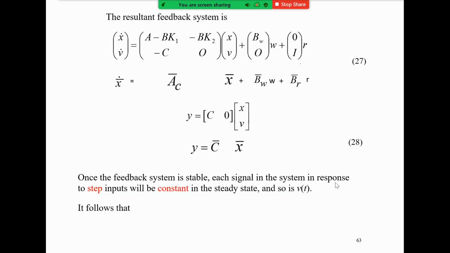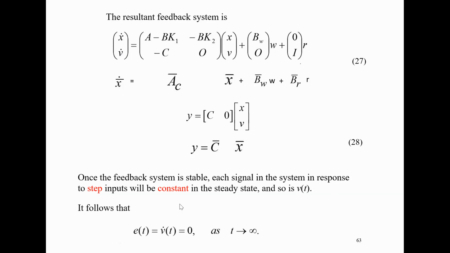Because V is a part of the state, it will go to a constant. What does that imply? If V is a constant, V dot will be 0. But what is V dot? V dot is the error signal. You can see the error signal will go to 0.